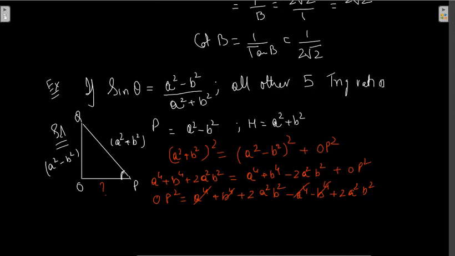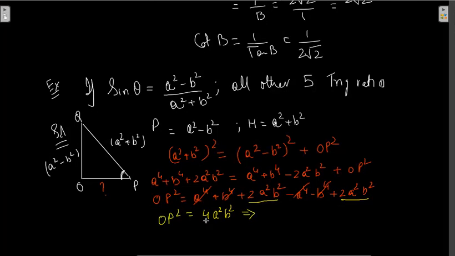So what are we left with? We are left with 2a square b square and positive 2a square b square, which makes it equal to 4a square b square. And mind you, this is the value of the square of the base. So what is OP square?